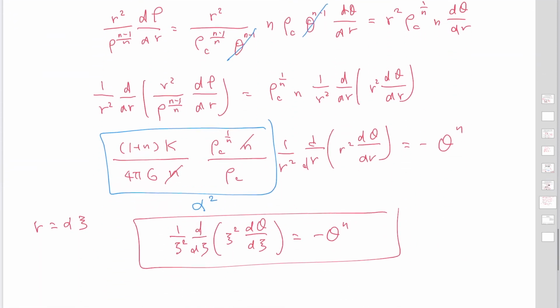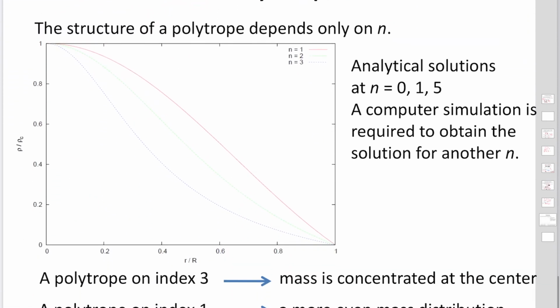Then by solving these equations, actually we could find the structures of the polytrope. So at n equal 1, this is the structure. At n equal 2, you can find this type of structure.